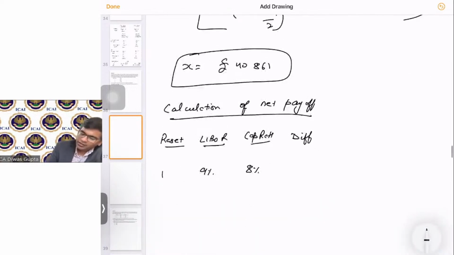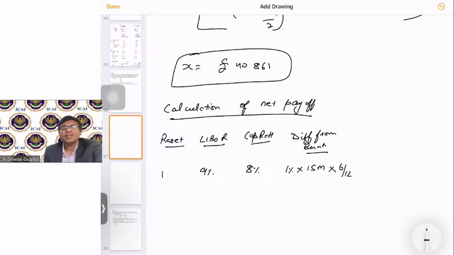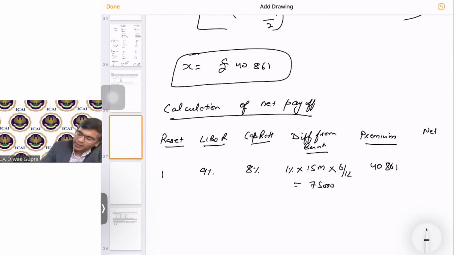Because in this case, we would be receiving from bank, which is 1% on 15 million pounds multiplied by 6 months, correct? Because I'm assuming that reset period is of 6 months. So for the next 6 months, there will be a benefit of 75,000 pounds. What is the premium that we have paid? Because premium is a cost, correct? 4861. The net payoff we will receive is 75,000 minus 4861, which is 34,139.